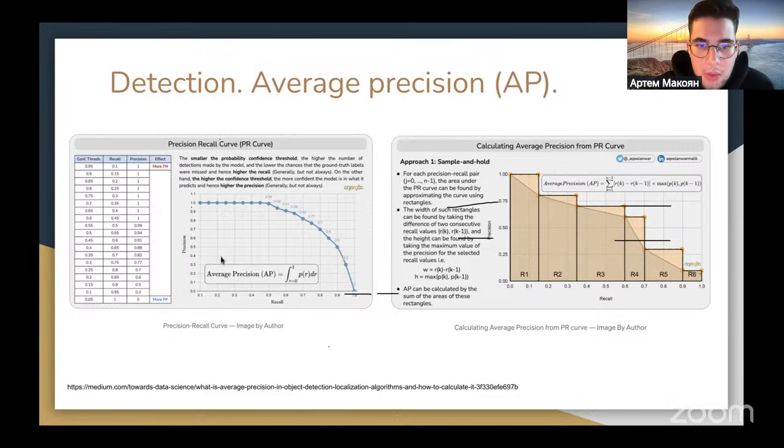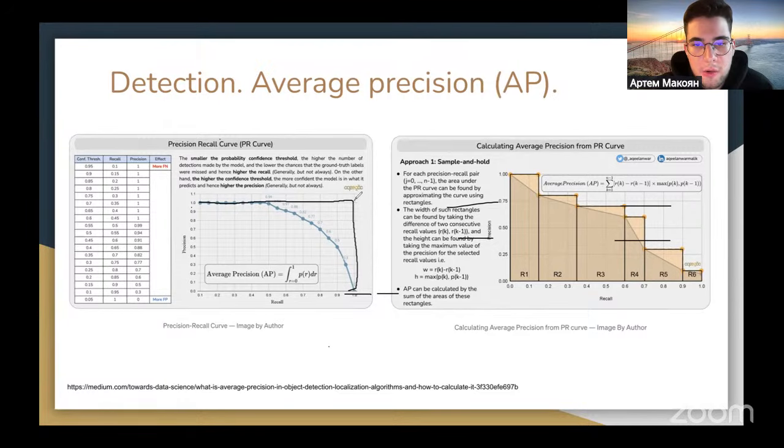And you can count average precision. There is a little maths, but you should count the area under the curve. That's average precision. Easy, yeah? So the rule is simple. The ideal situation is when you have a curve like this.